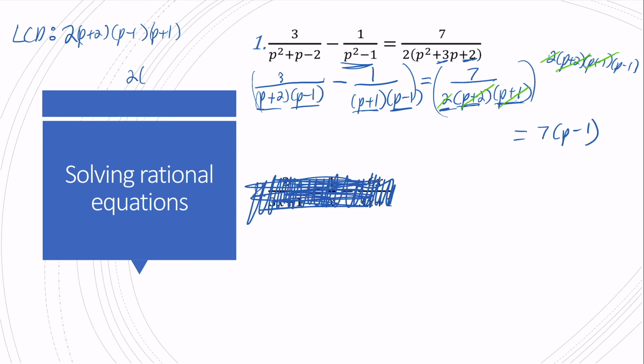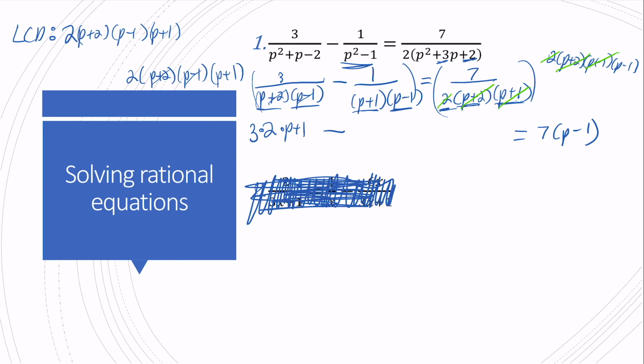On the left, I need to multiply by my LCD as well. That's going to give me such that in my first term, my p plus 2s are going to cancel. So I have 3, no p plus 2 because that canceled there. No p minus 1, but I've got a 2 and a p plus 1.